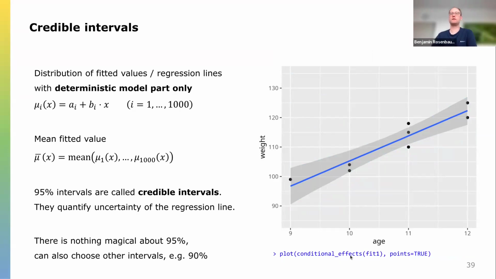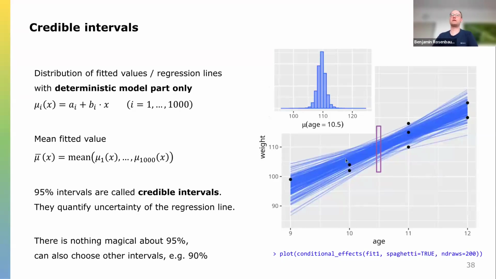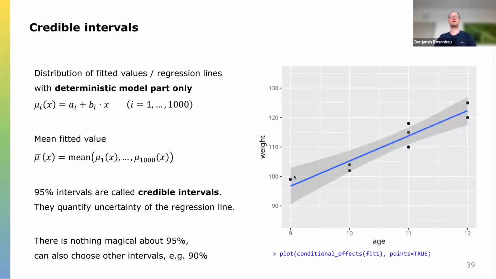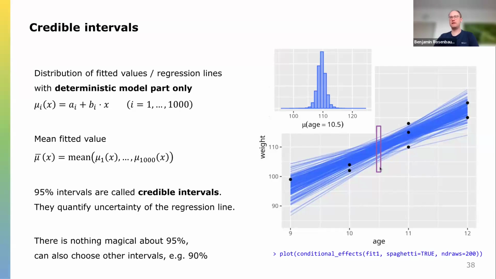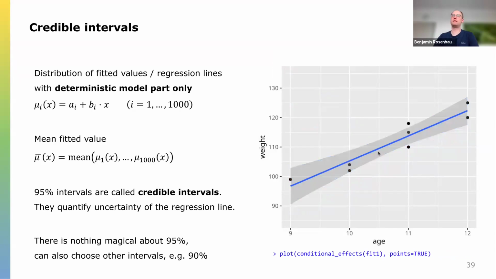For instance, with a conditional effects plot here. So this is just the 95% quantiles of these fitted values. And the mean line here, this is the mean regression line. Right, so for each point on the x-axis, we're making a slice here and plot the mean and plot their quantiles, and then if we connect them, we arrive at these classically shaped credible intervals.